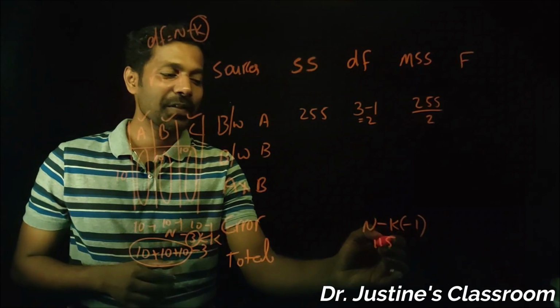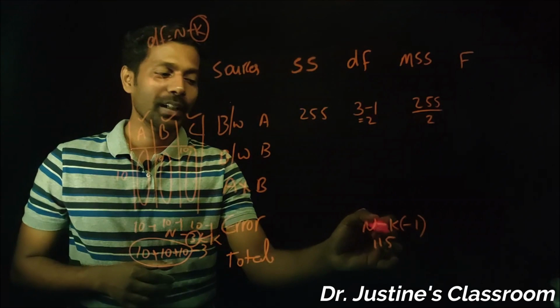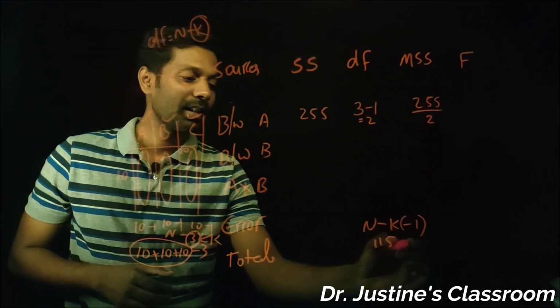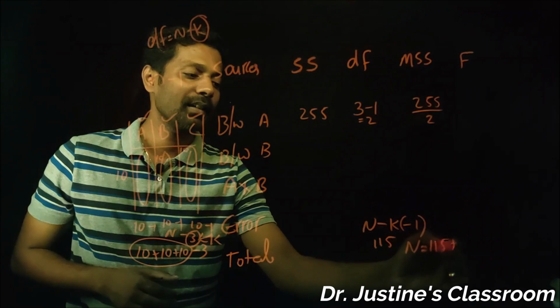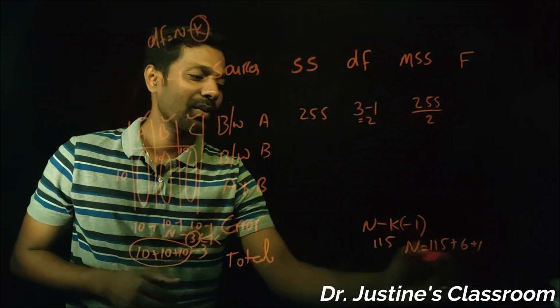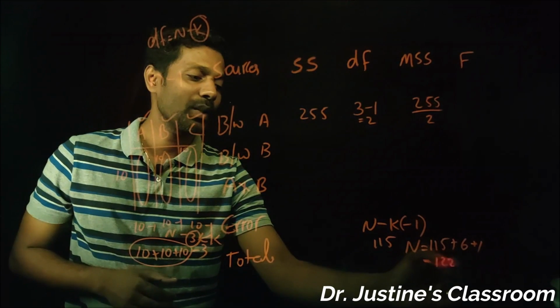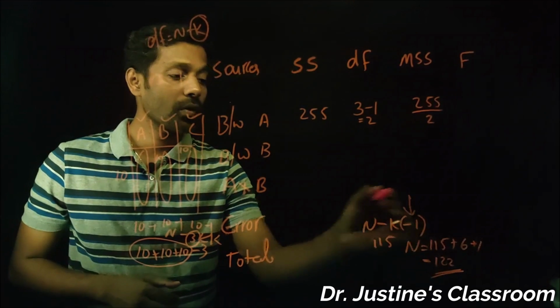So this 115 is after subtracting this 1. That means if you want to calculate the number, it is 115 plus the number of groups, that is 6, plus 1, so it's 122. This must be the answer. This is applicable when you do the ANCOVA procedure.